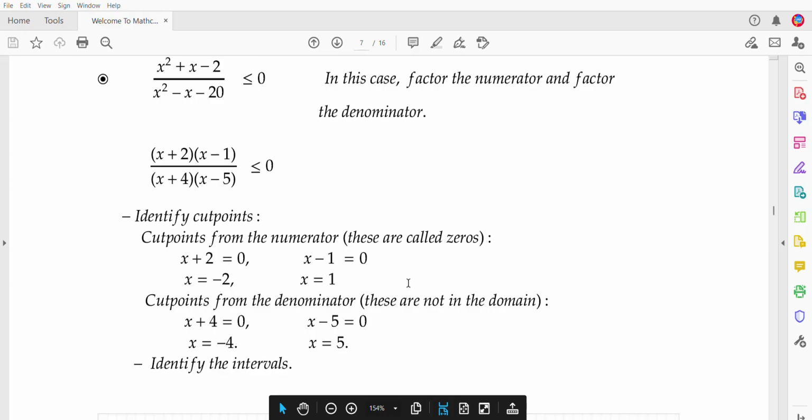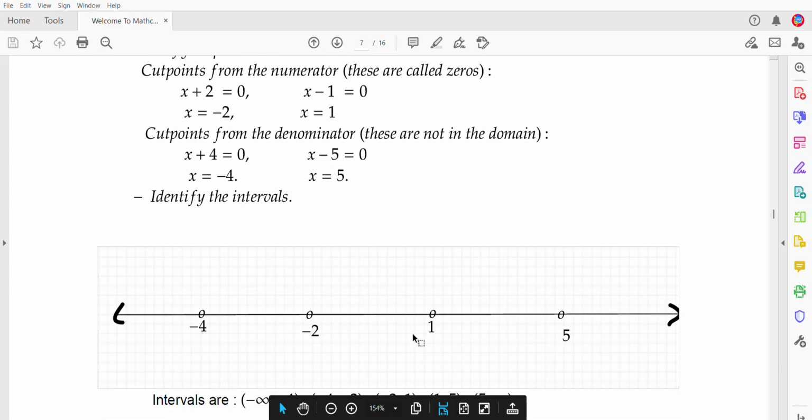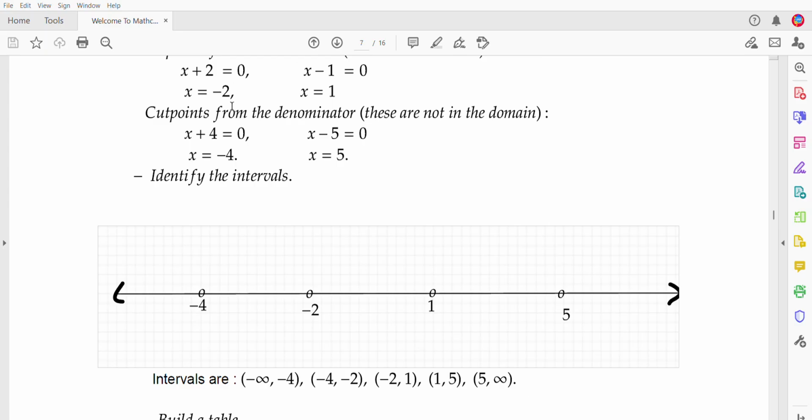This step will be the same. Okay. Once you have cut points, write them down on your number line. Notice negative numbers on the left, positive on the right. Whatever remains are your intervals.